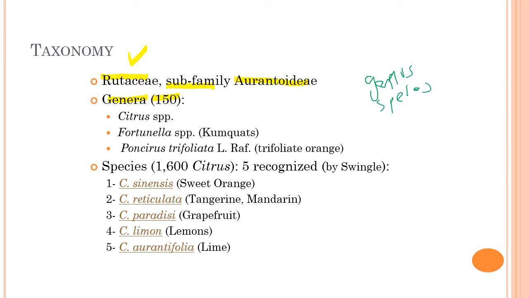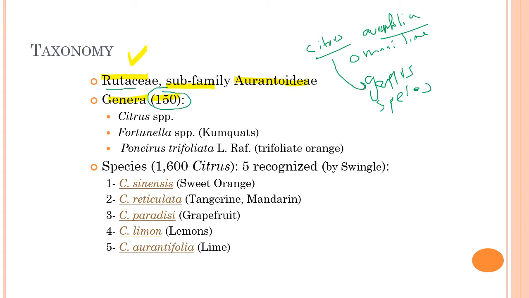For example, Citrus aurantifolia. The genus is Citrus and the species is aurantifolia, which is the Omani lime. So there are 150 genera that belong to this family.